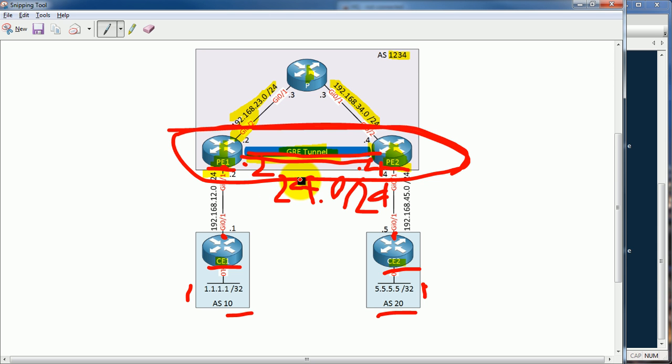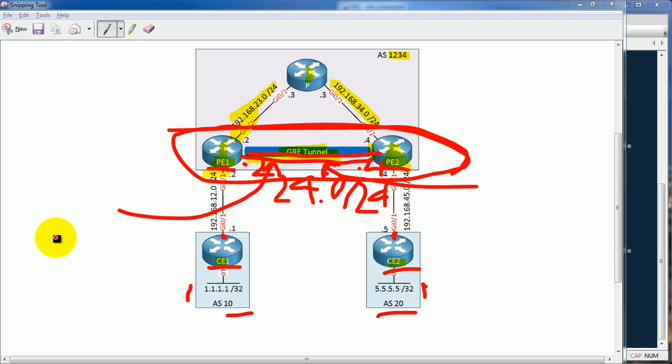Of course, this neighbor will send network statements, and this one does the same network statement, sent to the neighbor. Okay.